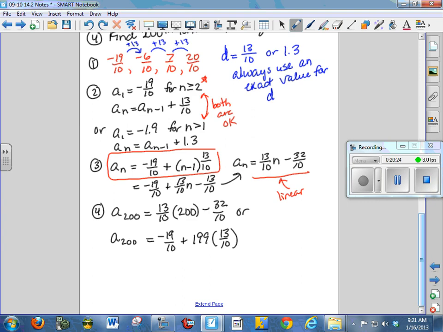Either way, though, we're going to get the same answer, which happens to be 256.8 or 2,568 tenths or 1,284 fifths. So any of those answers would be correct.